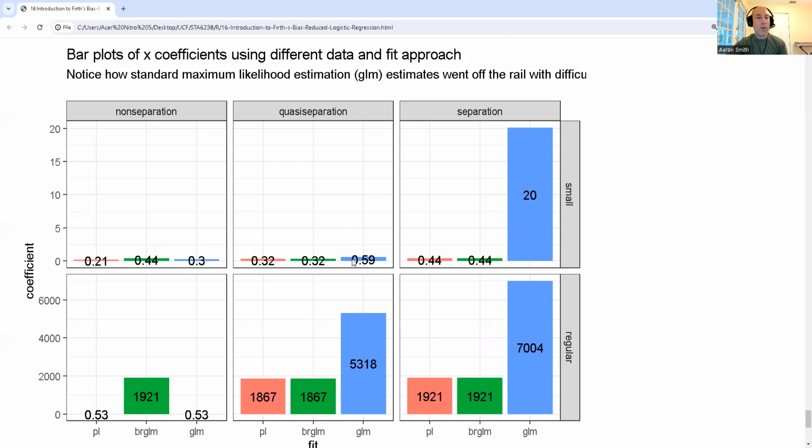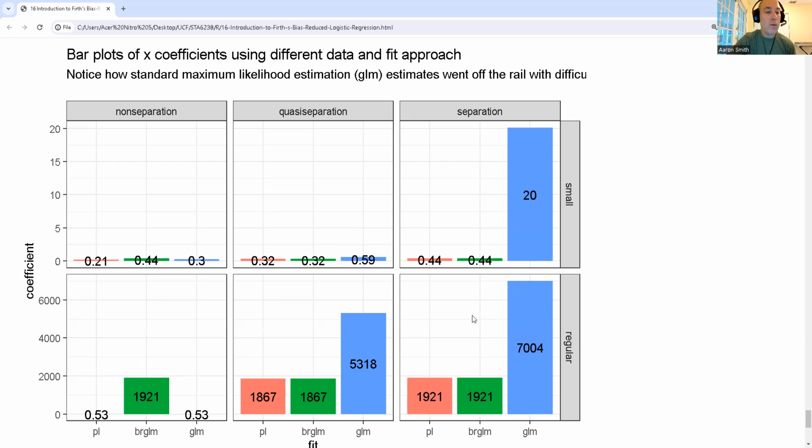I was really impressed by this. I was expecting something worse. And then with non-separation, everything looks pretty clean on the small data set, but the BRGLM algorithm actually didn't do so well. In this particular case, BRGLM didn't do as well as GLM did. But over here, these three GLM did worse.